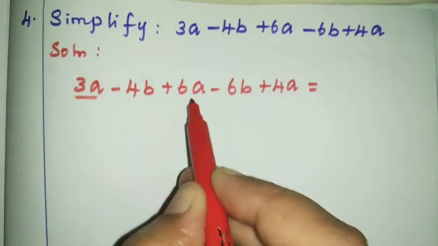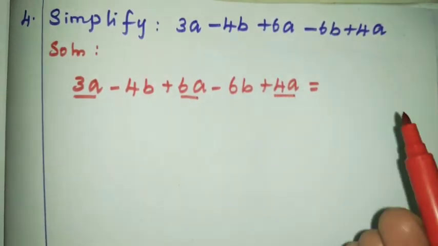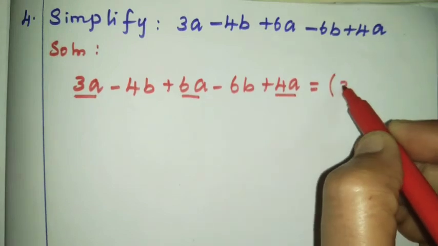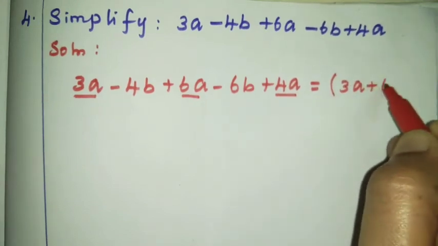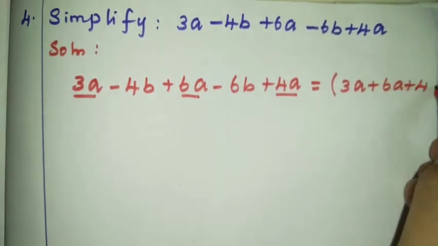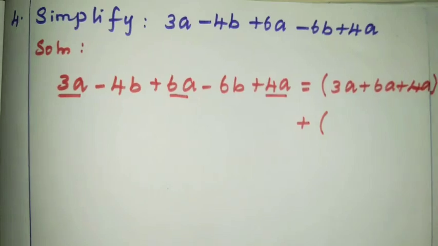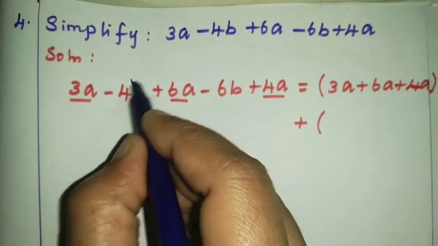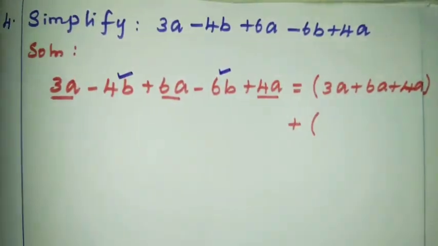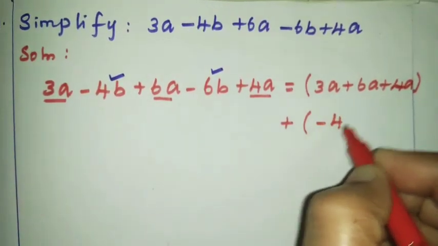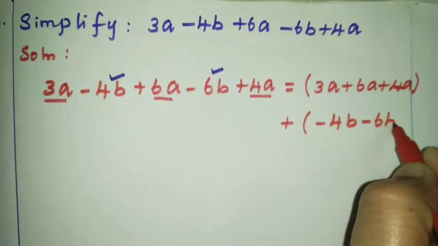Yes, 3a, 6a, 4a. These three terms are like terms. So you have to write it within a bracket. 3a plus 6a plus 4a. Then close the bracket. Then put the plus sign. Then what's the another one like term? Is minus 4b and minus 6b. Is another like term, that is minus 4b minus 6b.